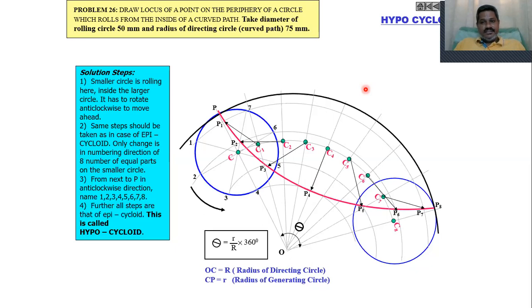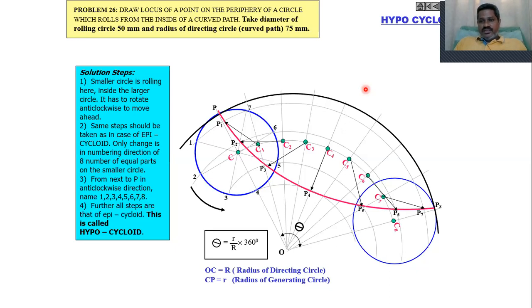In both cases, the curve is nothing but the path traced by a point on the circumference of the circle when it rolls on a curved path. It is called epi or hypocycloid based on whether it is rolling above or below the directing circle.